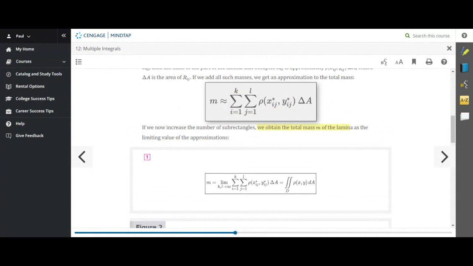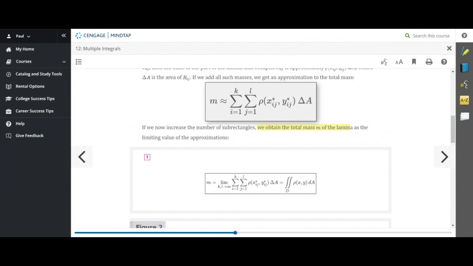That would give you an approximation to the total mass, which would be a double integral. But of course, as you take smaller and smaller subrectangles of the lamina, you're going to have a better and better approximation of the total mass, because the density at a point can approximate the density over a subrectangle if the subrectangle is very, very small.